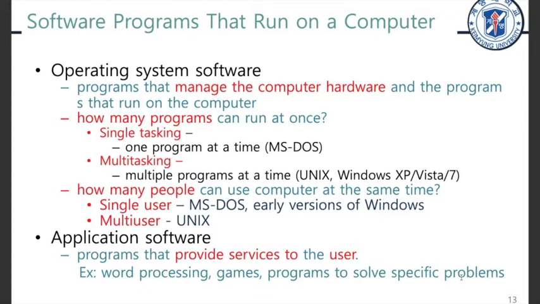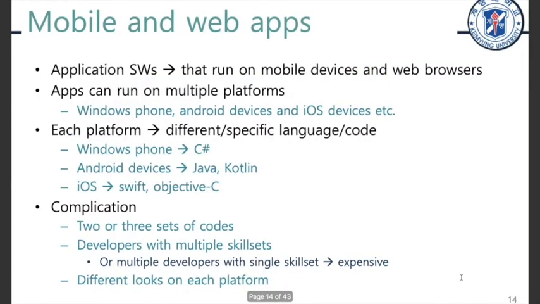Application software these days is actually called mobile and web apps. Apps is a shorthand for applications. So what is application software? Application software is software that runs on mobile devices and web browsers.